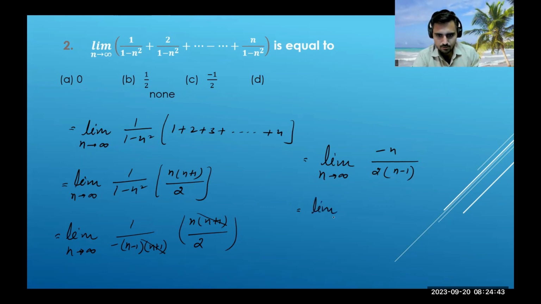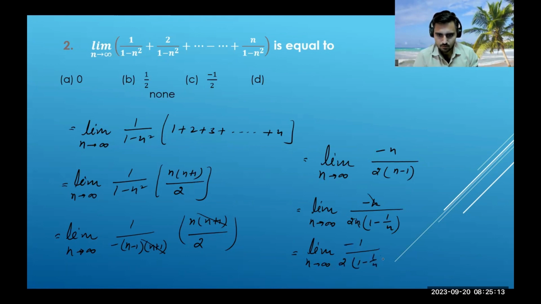So limit n tends to infinity, minus n upon, we'll take common n, so here we have 1 upon n. So this n and this n get cancelled, and now we'll write limit n tends to infinity, and we have minus 1 upon 2 minus 1 upon n.